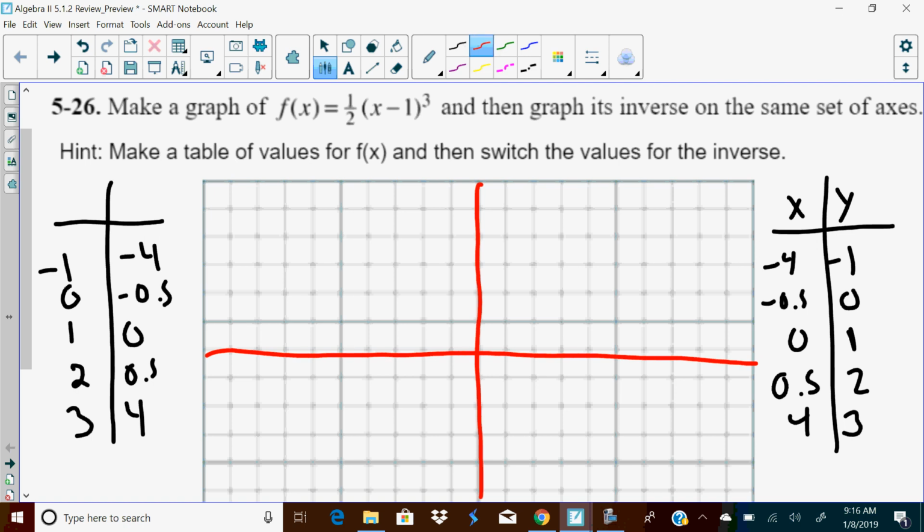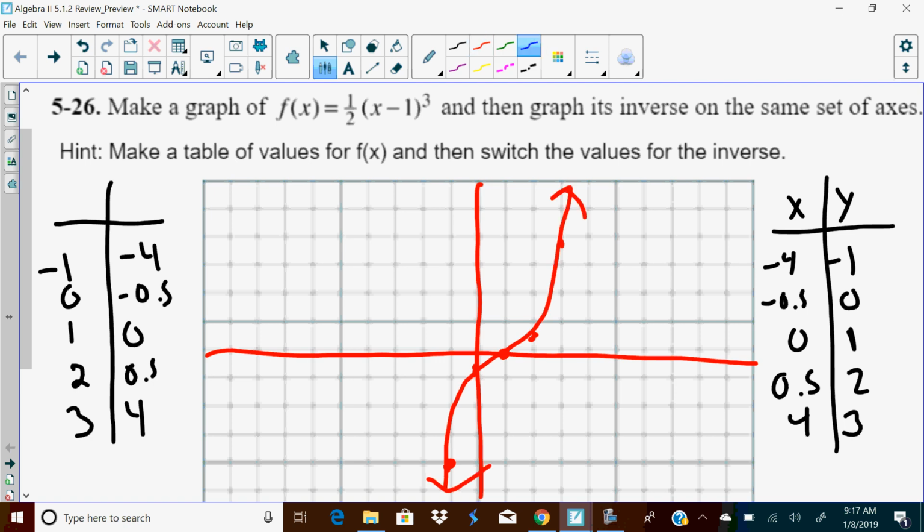So -1, be right there. 0, -0.5, 1, 0, 2.5, 3. So here's my original graph.